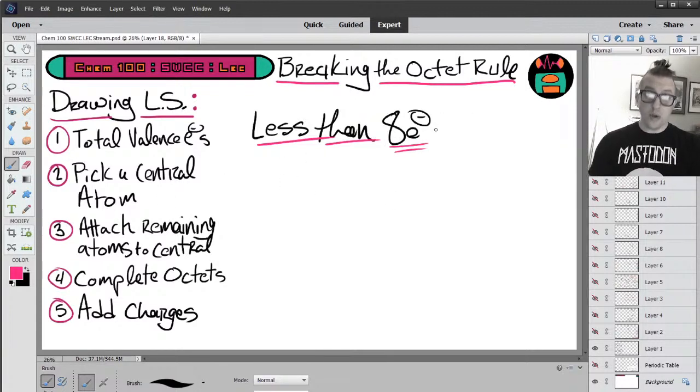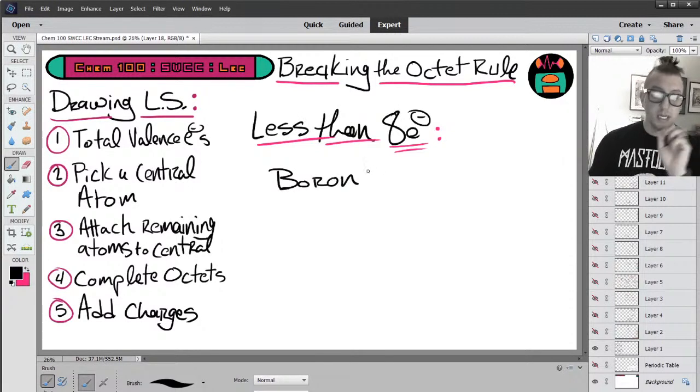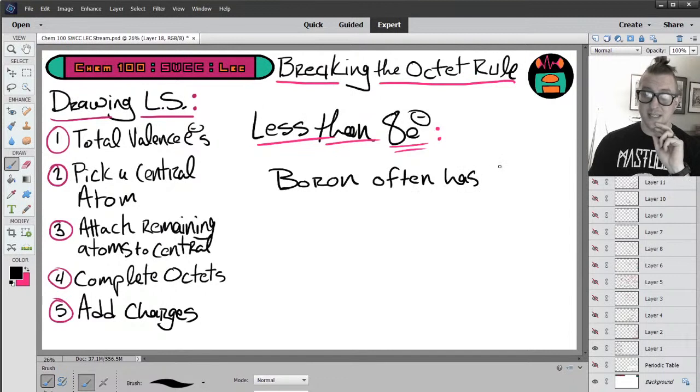They're very rare, but they can. Boron is notorious for it. Boron often has 6 valence electrons, such as the Lewis structure for BH3.